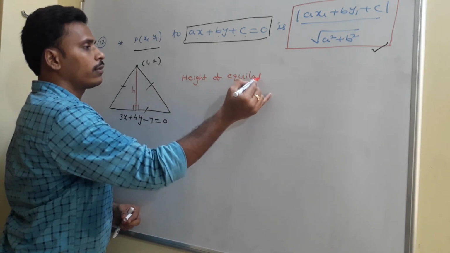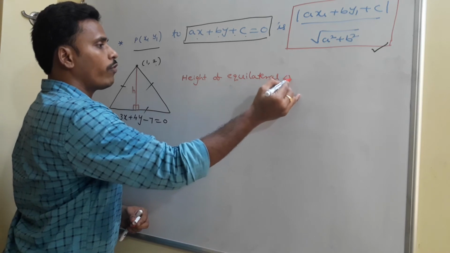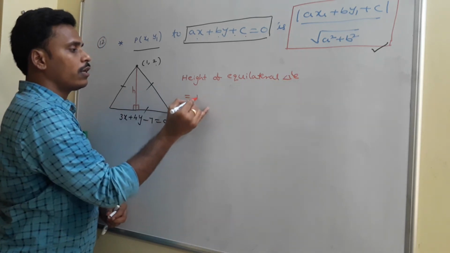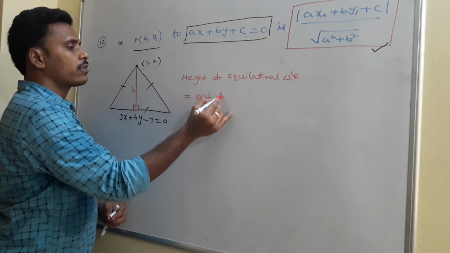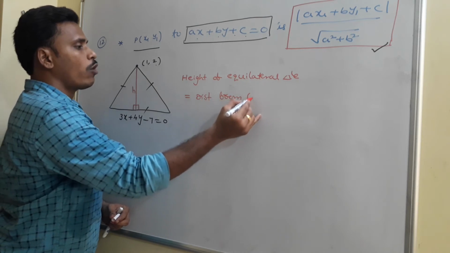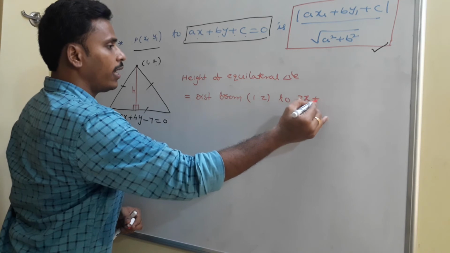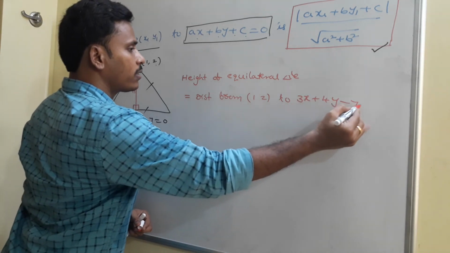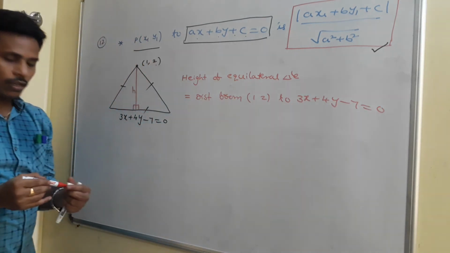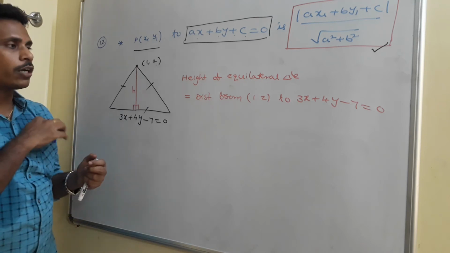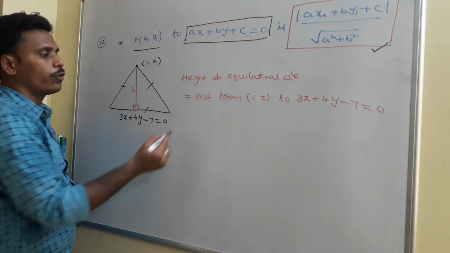The height of the equilateral triangle is equal to the distance from the vertex point (1, 2) to the base 3x + 4y - 7 = 0.